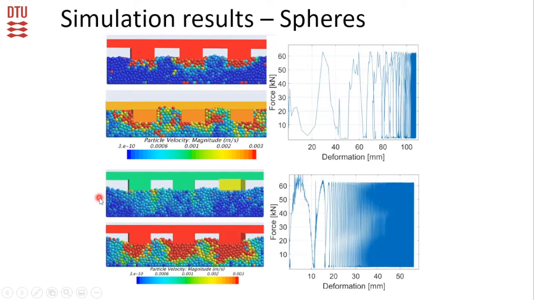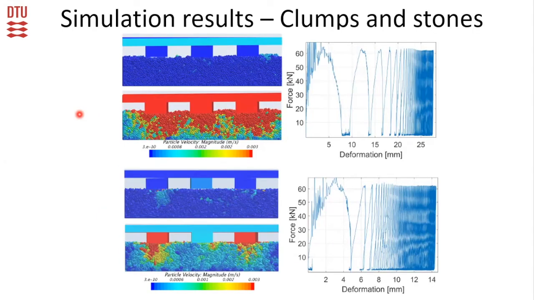For the spheres with rolling resistance, the deformations are way smaller, but also we see that most of the deformation happens within the first 2 load cycles. The same illustrations are shown here for the ballast model as clumps and as the 3D scan stones.